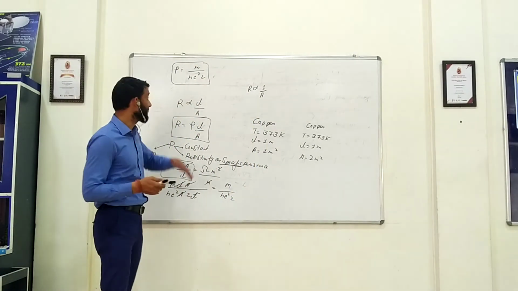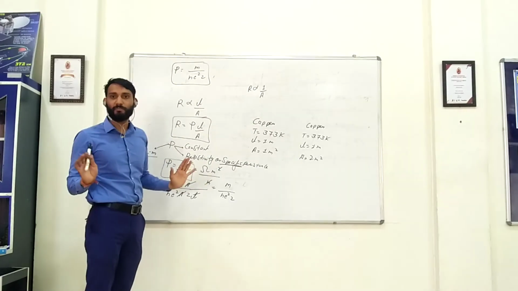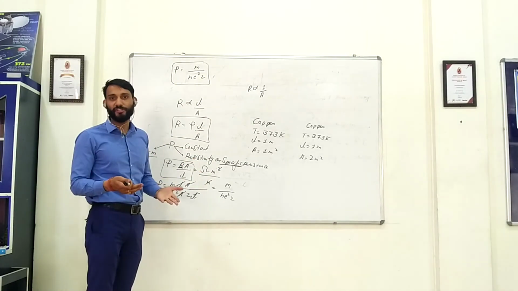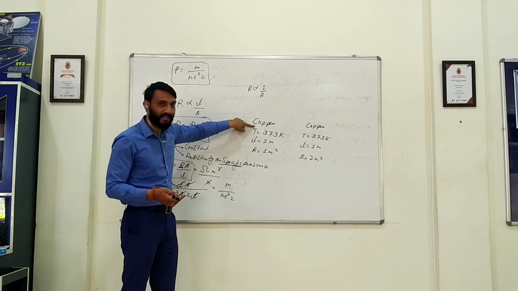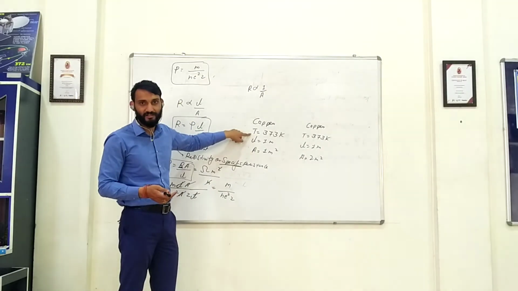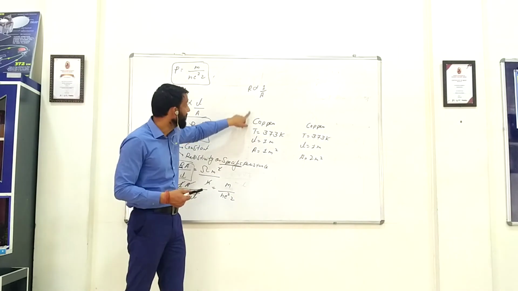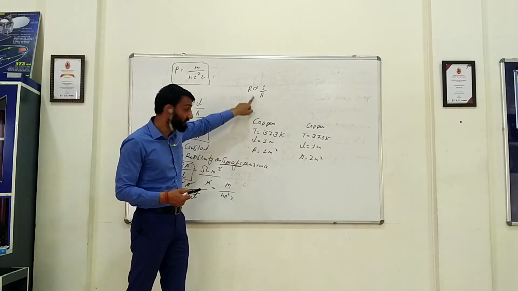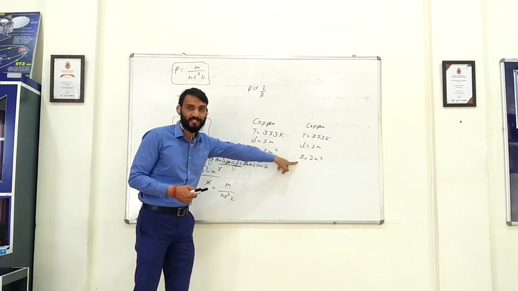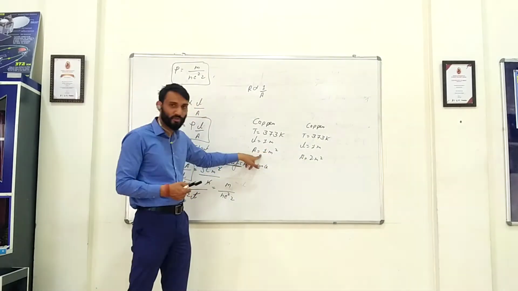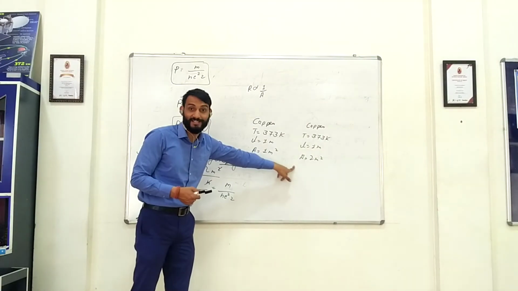But if I talk of resistivity, it does not depend upon the length, it does not depend upon the area, it depends on the material and it depends upon the temperature. So if I ask which one will have more resistance, you will say this one will have more resistance and this one will have less.